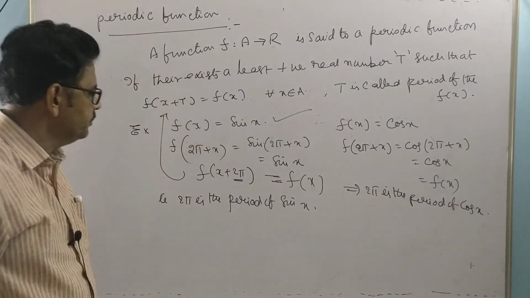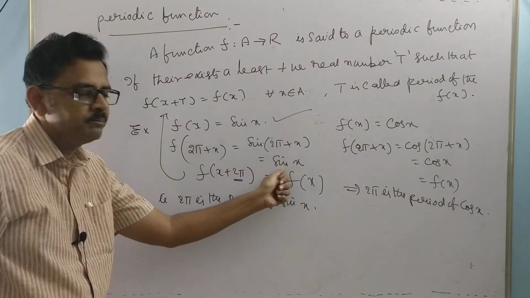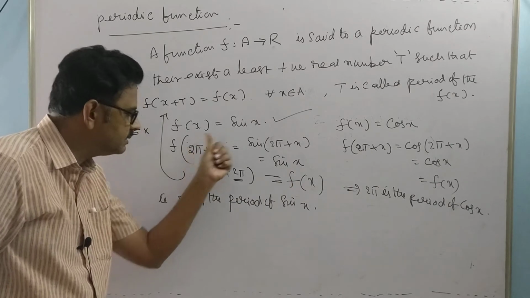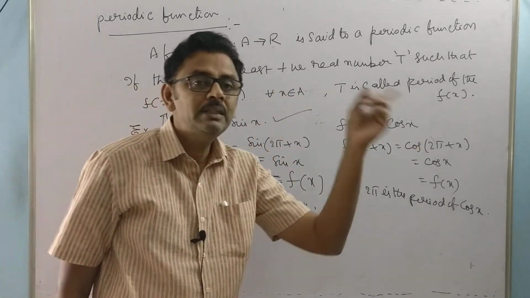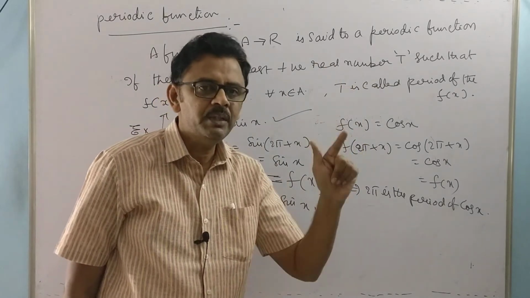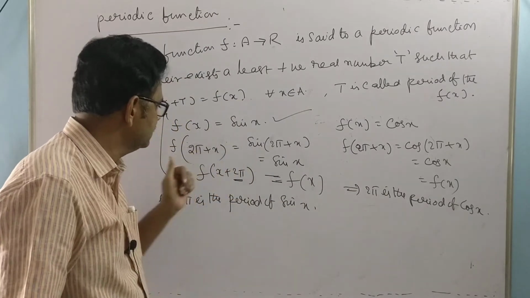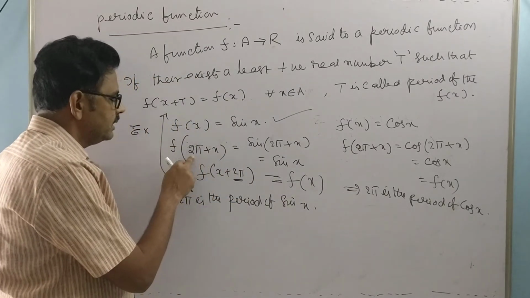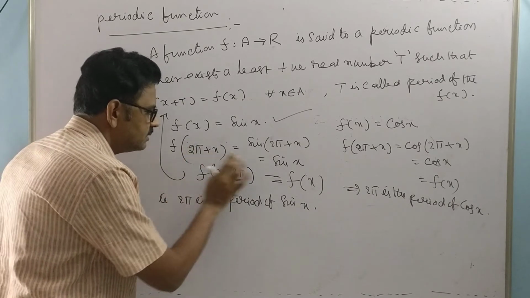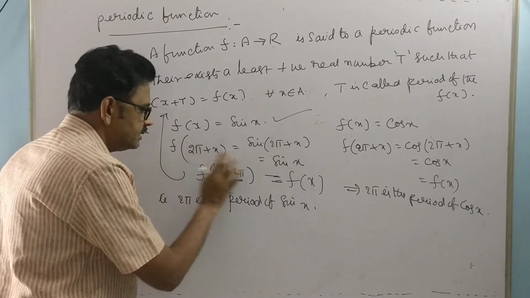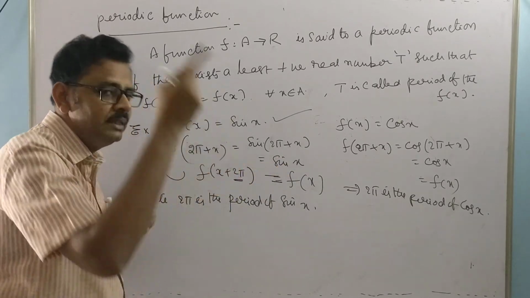Suppose if you take f of 4 pi plus x, that is also equal to the same value, and f of 6 pi plus x is also the same. But 4 pi and 6 pi are also periods, but what is the fundamental period? This is 2 pi. Why? Because it is the least positive real number t. 8 pi plus x is also the same, but that is also a period.